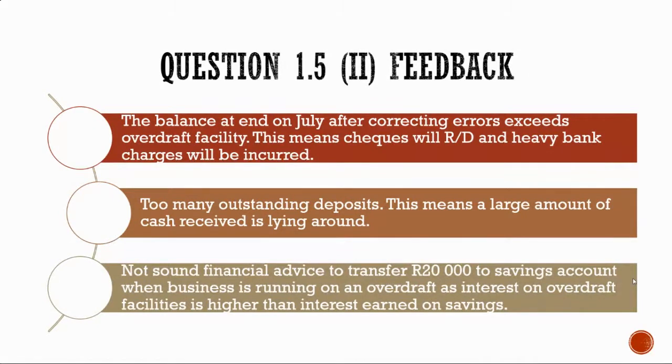It's a high risk to the business that it might get stolen. And the thing that we said, it's not sound financial practice to transfer money to a savings account when you actually have an overdraft facility because of the interest rates that get levied on there. Okay, do you guys have any questions on this?